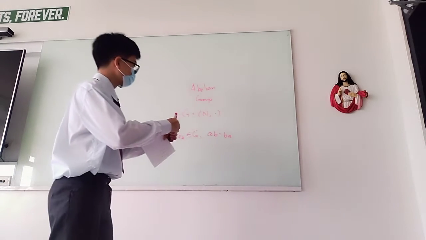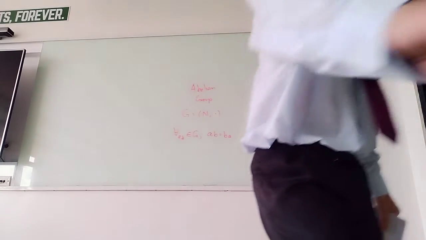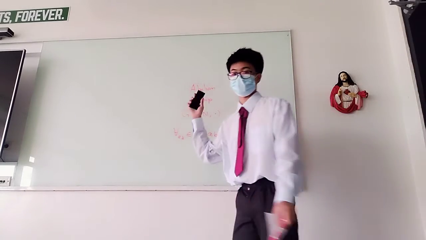Because in regular groups, ab is not necessarily the same as ba. This is what sets apart an abelian group from other regular groups.